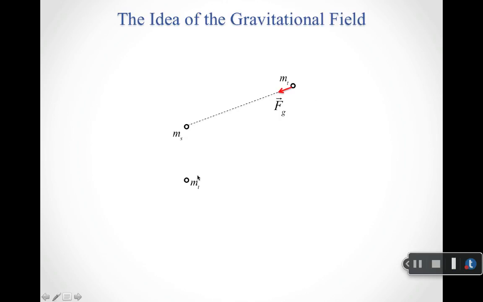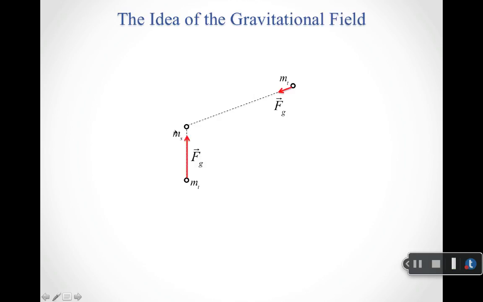Well, if I bring up a second test mass, put it in a different place. So again, in terms of just probing this field, or maybe I move this test mass over is probably a better way to think about it. So if I take my test mass and move it over, what I'm going to end up with is some new line that I know my force will lie along, that the test mass will feel.